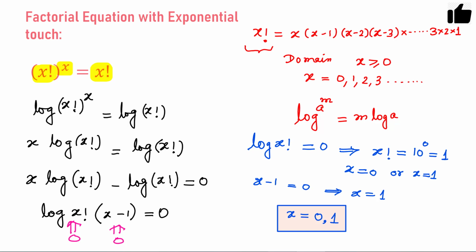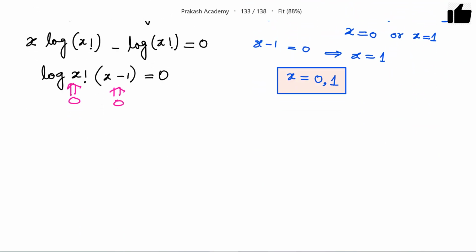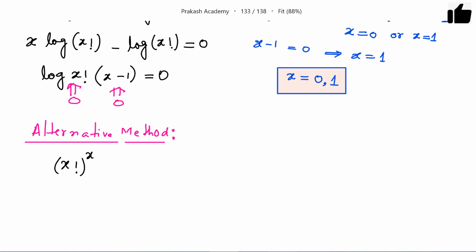Now you can also solve this problem simply by algebra. So we can have an alternative method, so let us discuss that method also. The initial problem is x factorial raised to the power x is equal to x factorial.